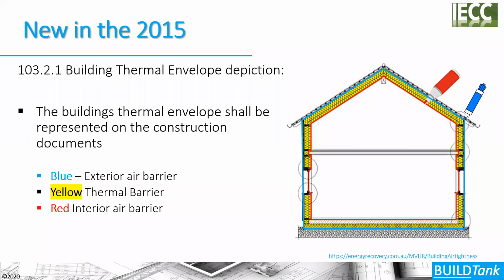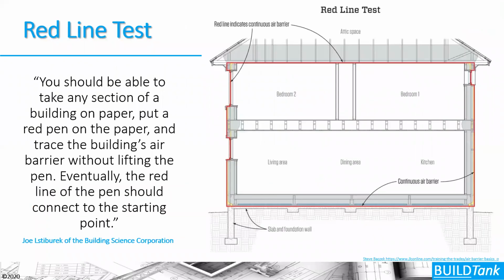In essence, this section is pulling from a building science technique called the red line test, where you're putting a red pen on your construction drawing and trying to demonstrate the continuity of your air barrier and thermal barrier and control layers of your house, so that you can demonstrate that in a conceptual way for the people who are actually building the house out in the field. So that as a designer, what you're designing can better be translated out into the field and actually constructed here.